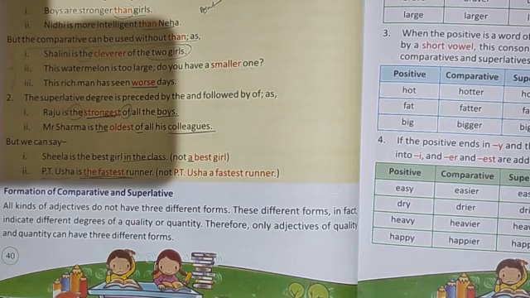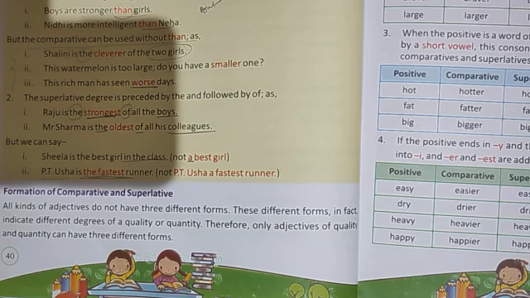Now see, all kinds of adjectives do not have 3 different forms. These different forms indicate different degrees of quality and quantity, and therefore only adjectives of quality and quantity can have 3 different forms. Like you cannot say 5 pencils and convert it into comparative or superlative.